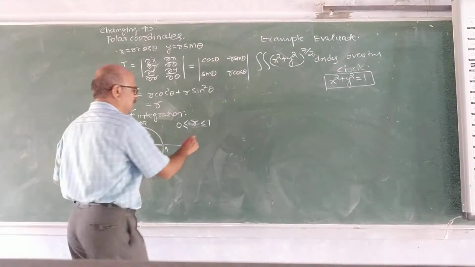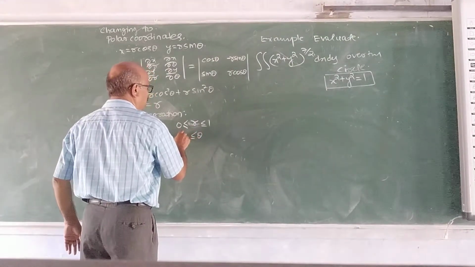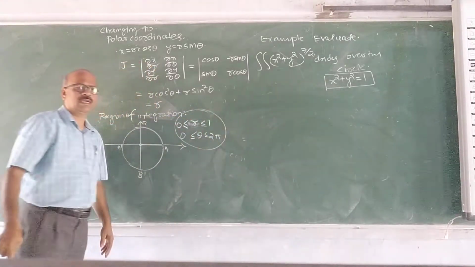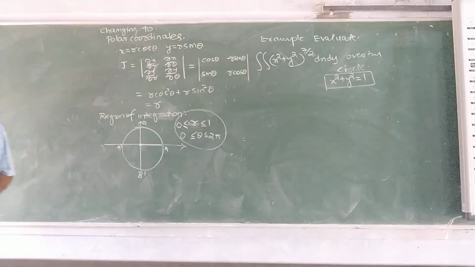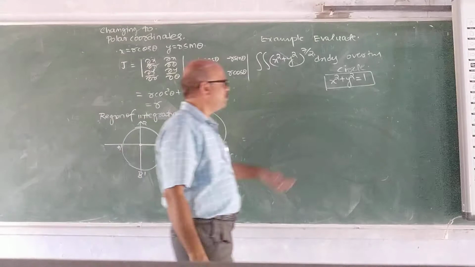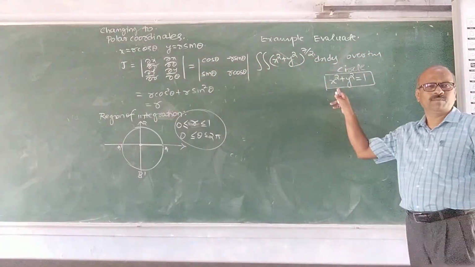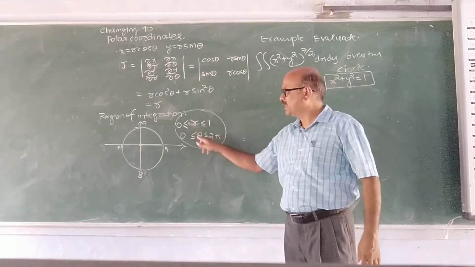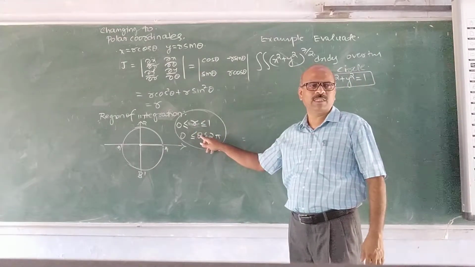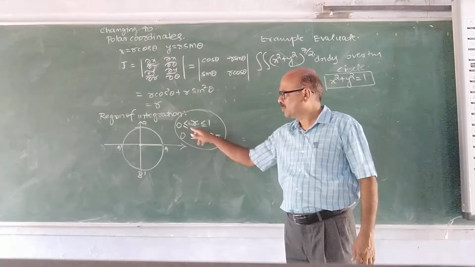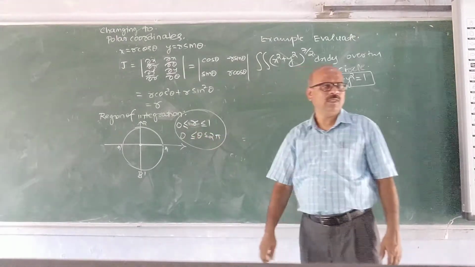So in the entire circle, θ varies from 0 to 2π. Therefore, this is the corresponding region in the rθ plane. When x, y vary in this circle, the variation of r and θ is given by these inequalities: r between 0 and 1, θ between 0 and 2π.